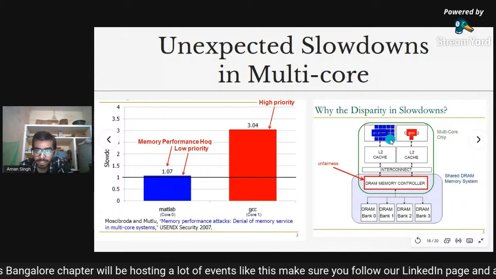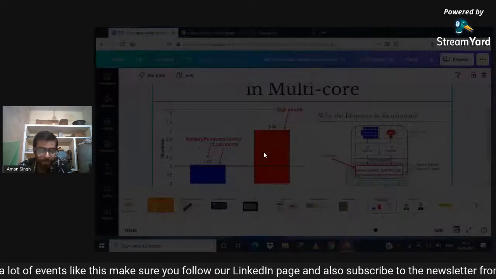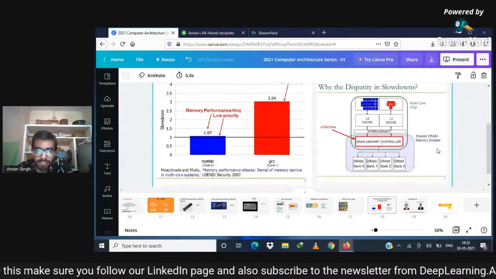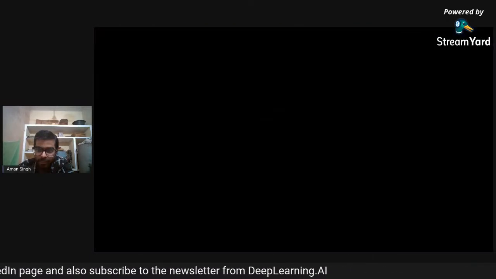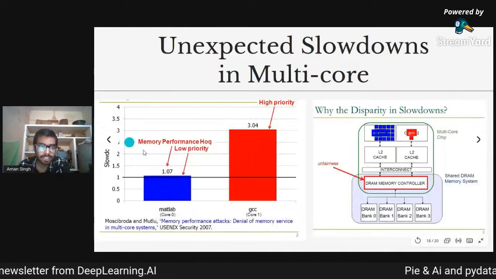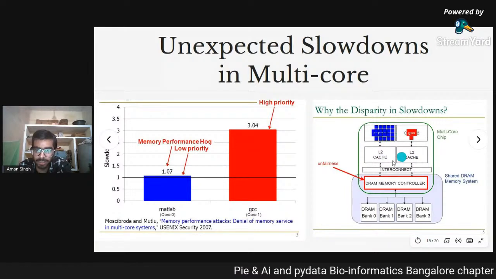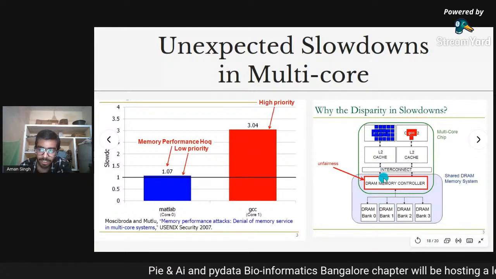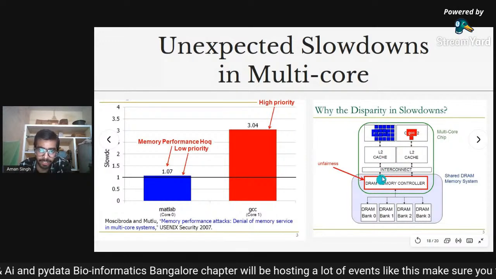And here you can see MATLAB is giving more instructions. Like these two caches are different. MATLAB is accessing more RAM memory continuously.